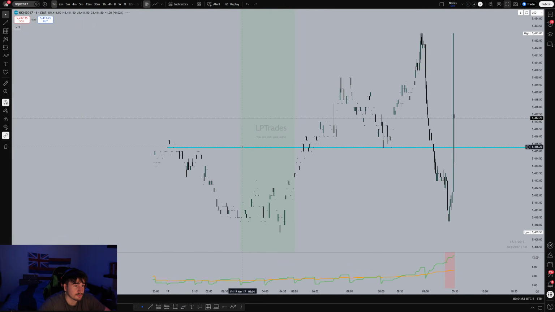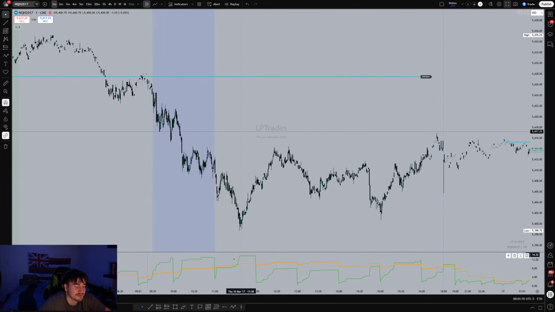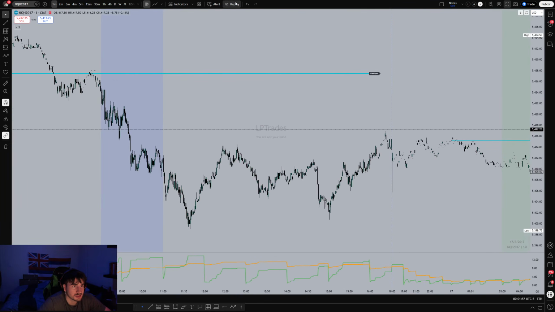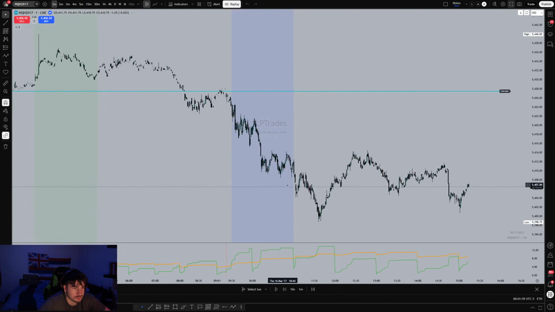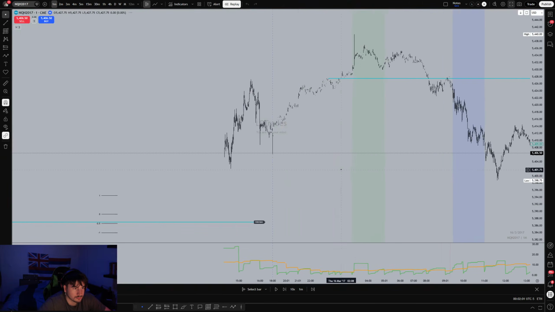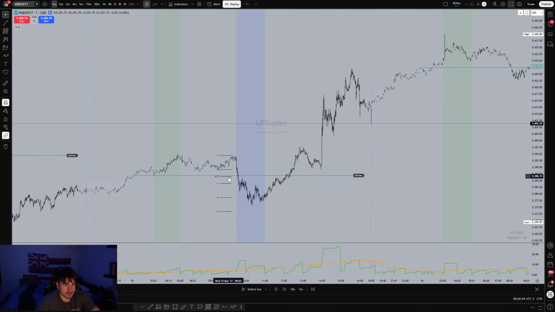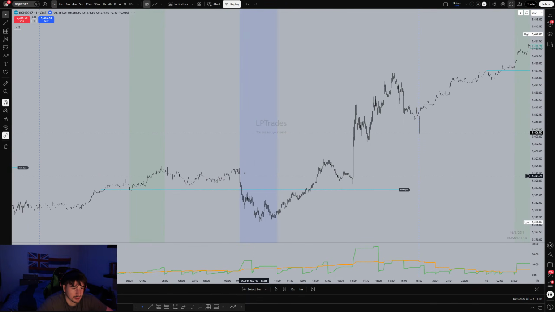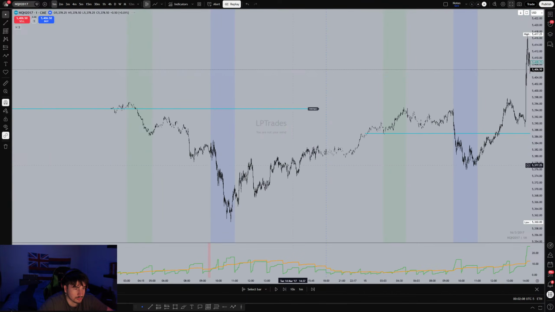What the fuck? That's even worse. No, it's not worse. That's just because it's a contract change. You can see obviously it moves more.